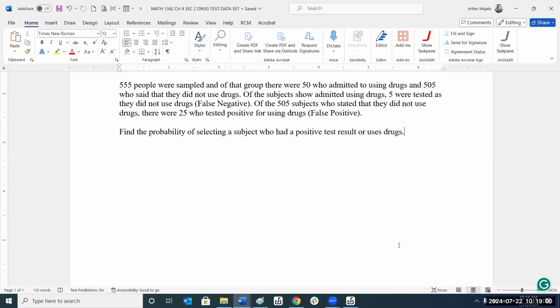Find the probability of selecting a subject who had a positive test result or used drugs. With this information, how do we figure it out? We know there are 555 total. That's my N, my denominator.